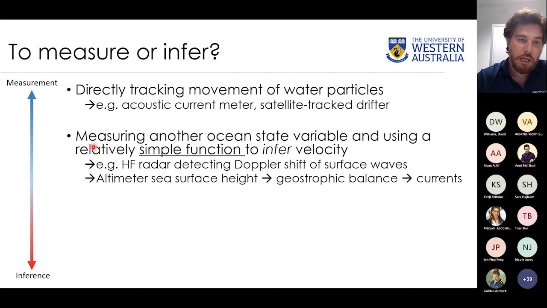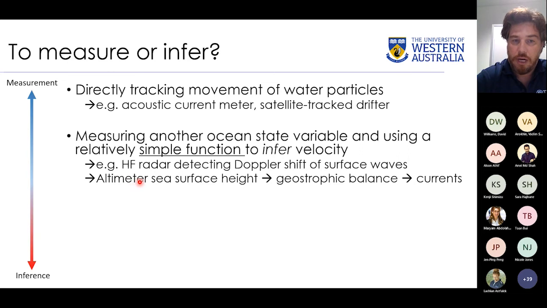And then getting less direct and down towards the inference end of the spectrum is measuring other ocean variables and using some relatively simple function to infer the velocity. And so this is how things like high frequency radar, which I'll talk about in a minute, work: they detect the Doppler shift of surface waves and then infer the currents from that.